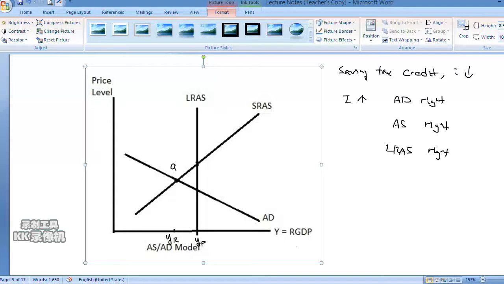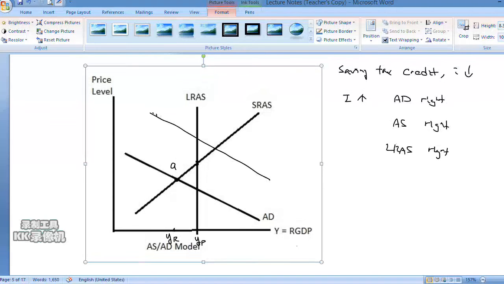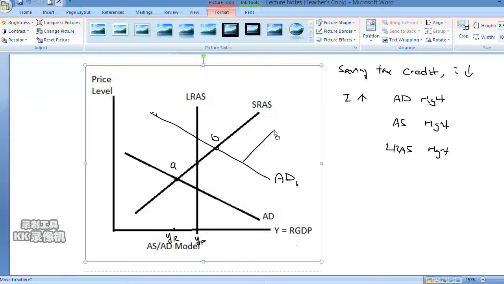AD shifting right, so at point B, and then AS is also going to shift right to point C, and then finally the long run AS is also going to shift right.